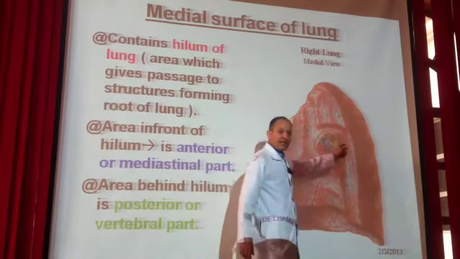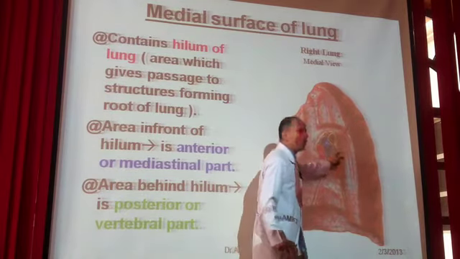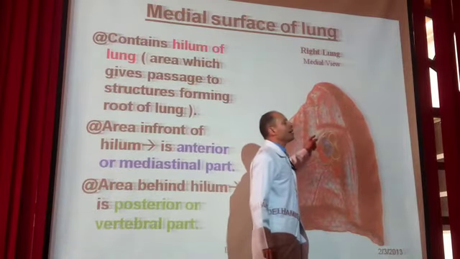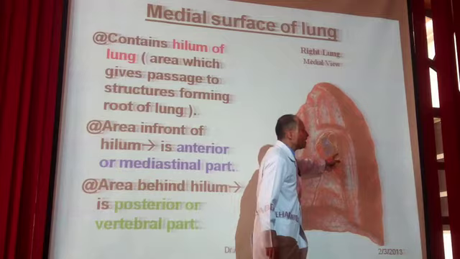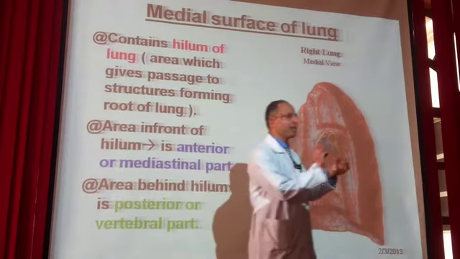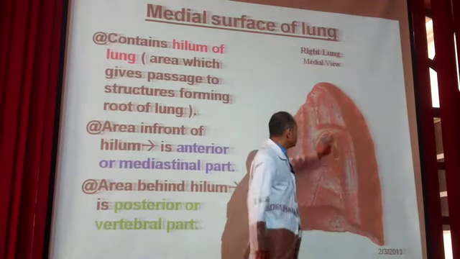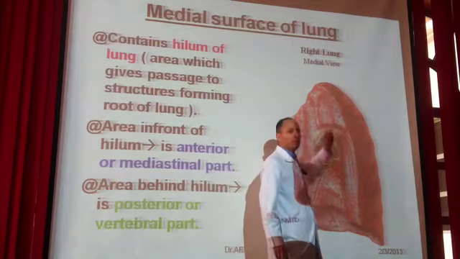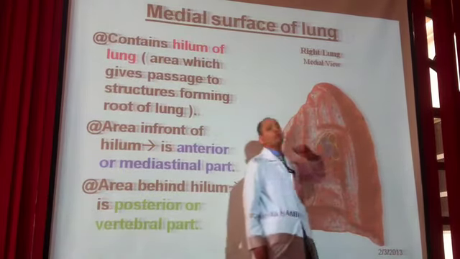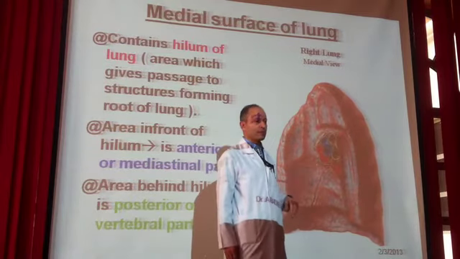This right bronchus enters the lung by two parts, upper and lower branches. So they are named superior and inferior lobar bronchus. Why? They supply air to the different lobes. That's right. This one supplies air for the upper lobe, and this one supplies air for the middle and the inferior lobe. So they are named lobar bronchus.